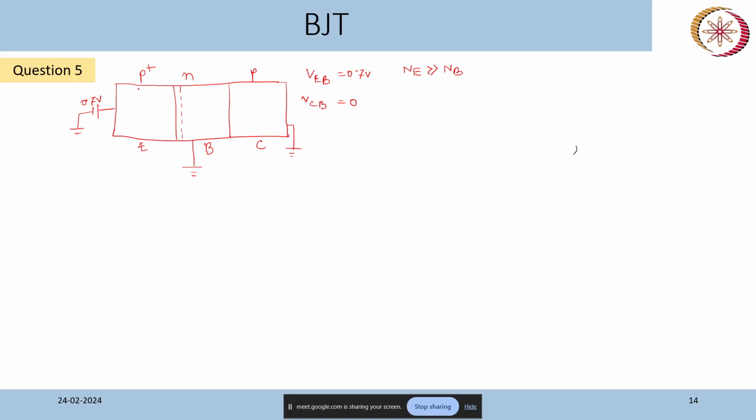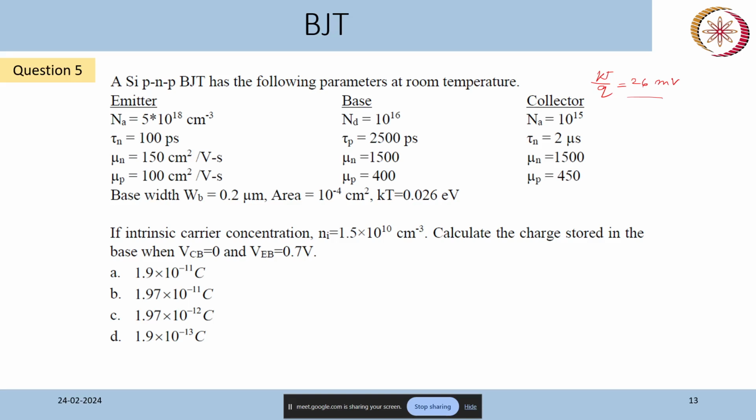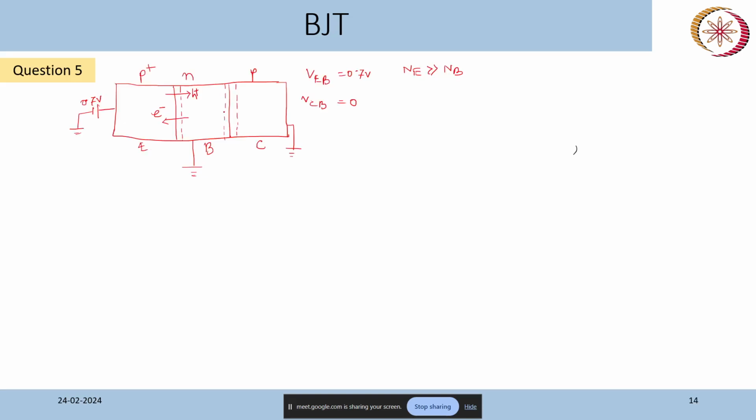Holes will diffuse in this direction, electrons in this direction, and there will be a depletion region here.